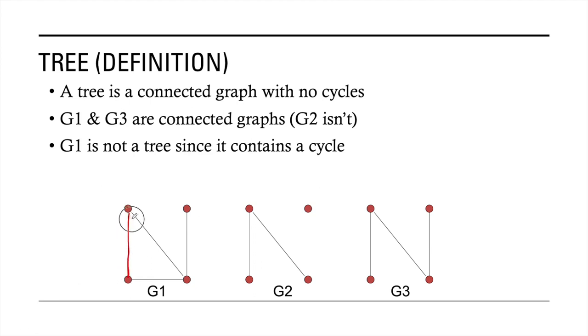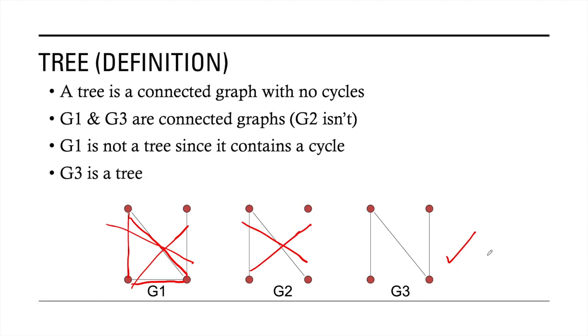And as you can see, this triangle represents the cycle between these three nodes. And therefore, G1 is not a tree because it contains a cycle. G2 is also not a tree because it is not connected. And in this case, G3 is a tree.